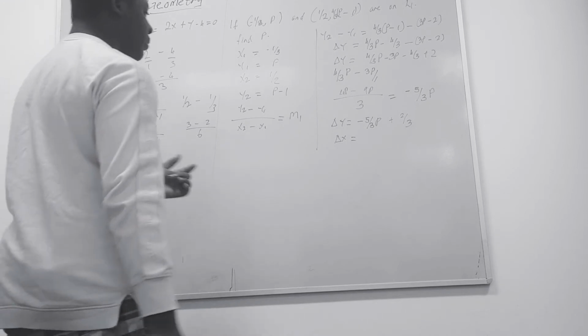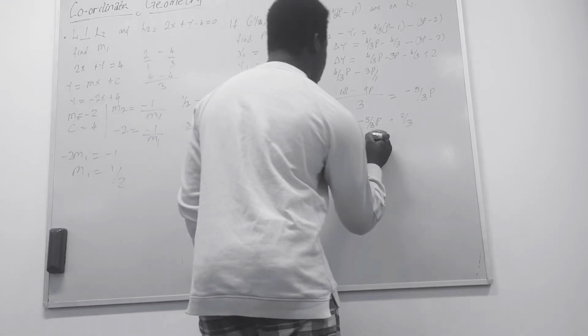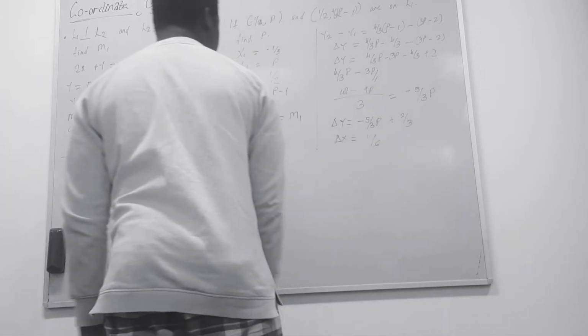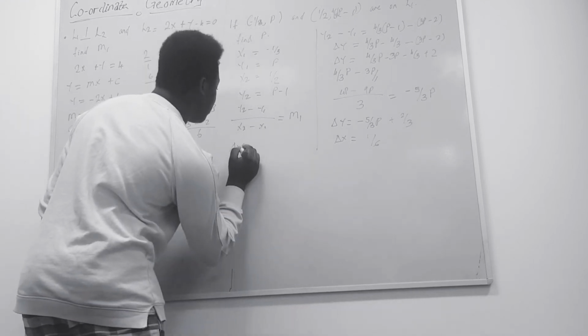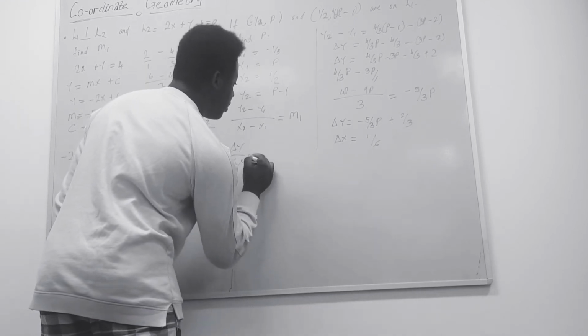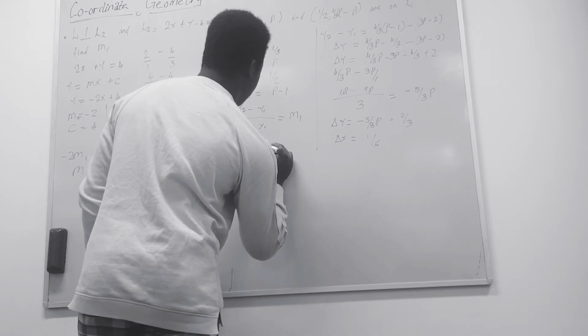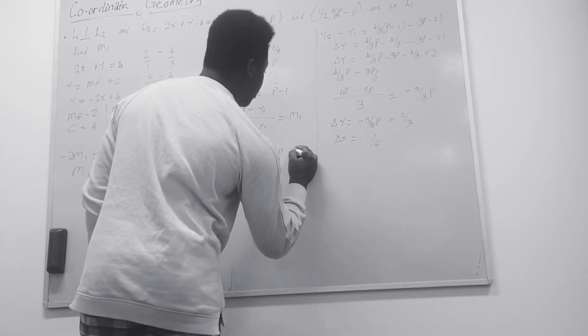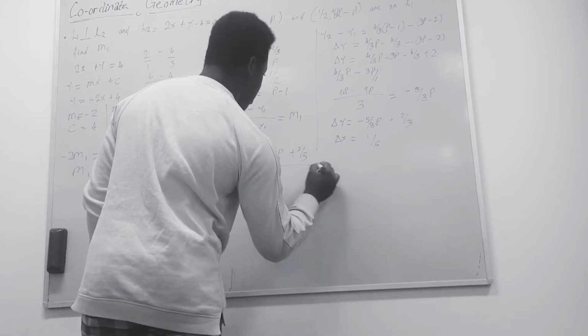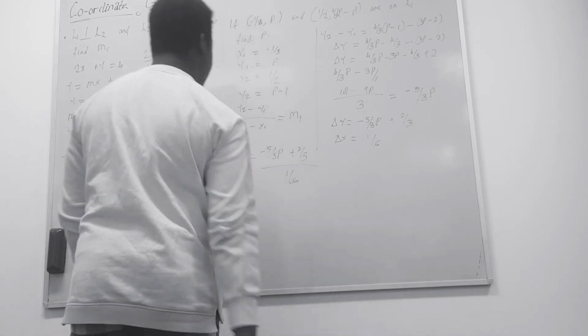So that'll be 1 divided by 6. So you have that delta y divided by delta x is equal to minus 5/3 of P plus 2/3, divided by 1/6.